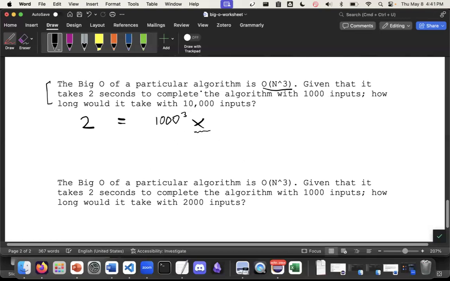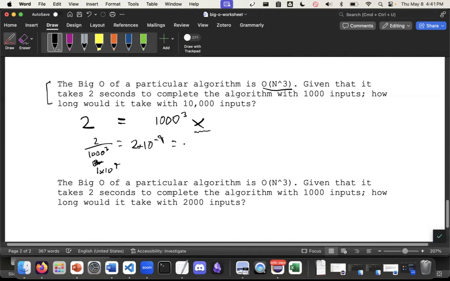To get that, we have 2 over 1,000 cubed, which evaluates to, sorry, 1 times 10 to the 9th. And so if we divide 2 by that, it gets to be 2 times 10 to the negative 9. Bring back scientific notation.